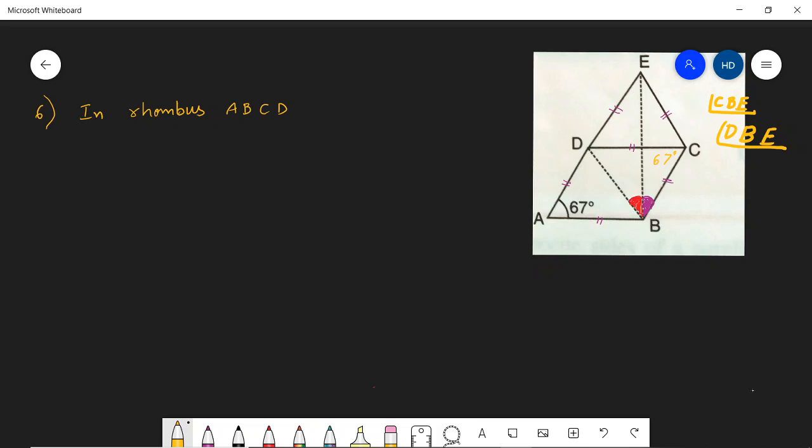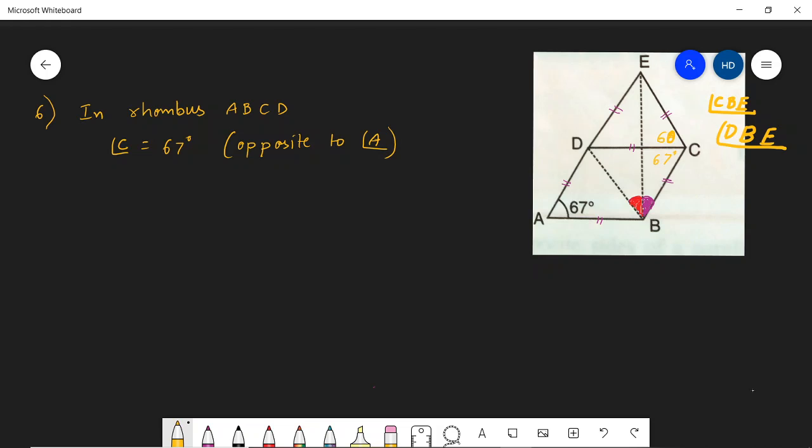And then this is 60 degrees. Why is this 60 degrees? The reason: DEC is an equilateral triangle. So in rhombus ABCD, angle C is equal to 67 degrees, opposite to angle A. That is my reason.